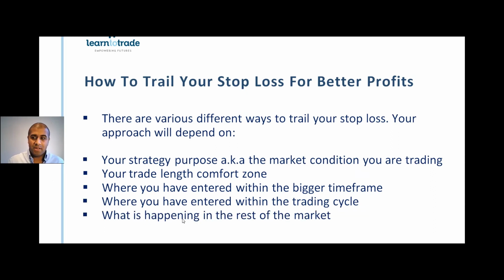So what is happening in the rest of the market? If you're buying Aussie against the US dollar, but Aussie Swiss, Aussie Yen, Aussie New Zealand, Aussie CAD are all going down, then are we really going to get the strength that we need in the Aussie dollar against the US to get a high probability trade on a trailing stop loss?